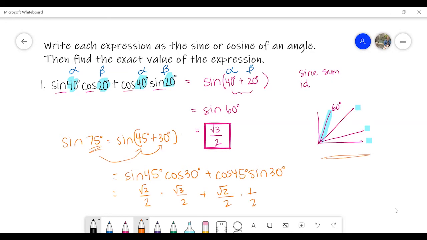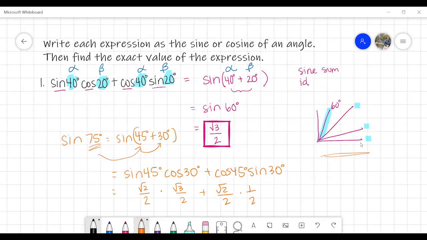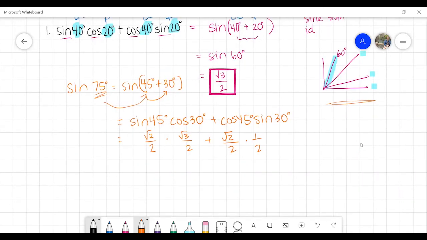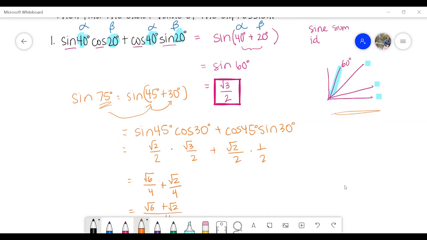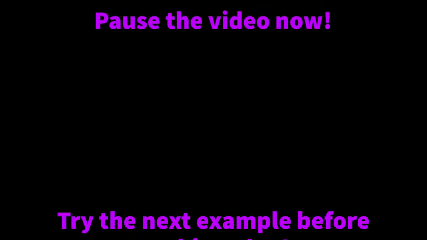And we could actually simplify this. I know this isn't the question I asked you, but we could simplify this to the square root of 6 over 4 plus square root of 2 over 4, which is just root 6 plus root 2 all over 4. So it could be used in either direction. This set just happened to ask you to condense it as opposed to expand it out. Concept is the same though.